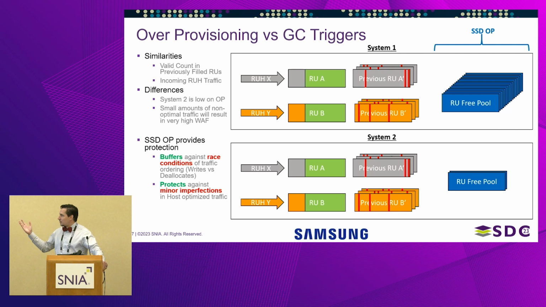You can see with a lot of over-provisioning versus a little over-provisioning, it gives the context that you don't want to take the drive's over-provisioning away, because there's going to be a few invalids in the SSD, and those invalids aren't going to trigger garbage collection at the system, right? That larger SSD over-provisioning gives you that buffer, and you won't ever see any garbage collection in the top system. Whereas the bottom system, because of the small number of invalids, is at risk of hitting garbage collection very soon.